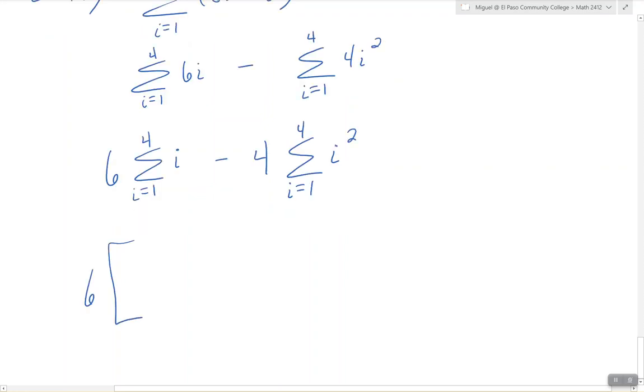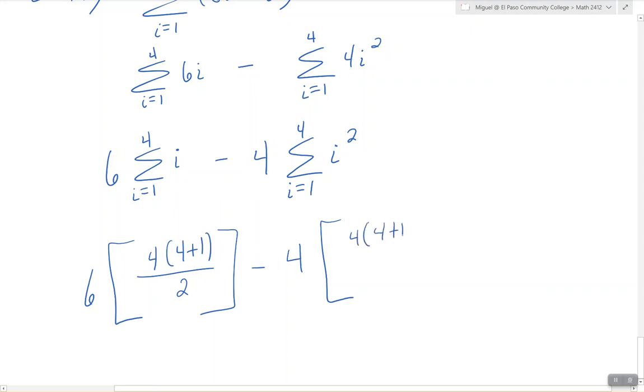Times the first formula, n times n plus 1 over 2, with n being 4. And then the second one is the squared formula: n times n plus 1 times 2n plus 1, all over 6.